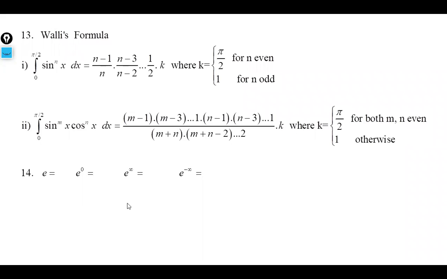Sir, show the previous slide. Means the solution, yes, the solution. Now I will go to that slide only.